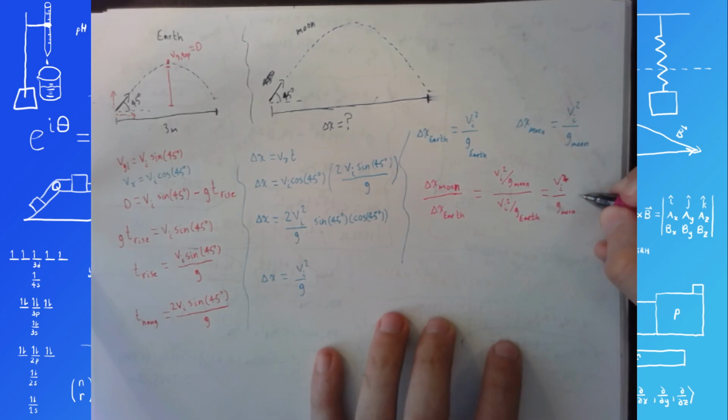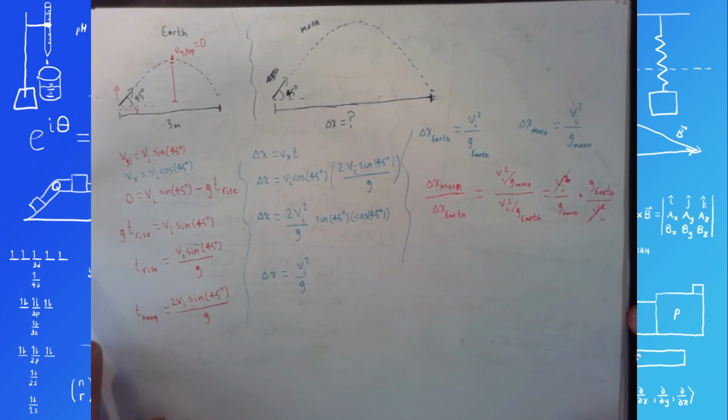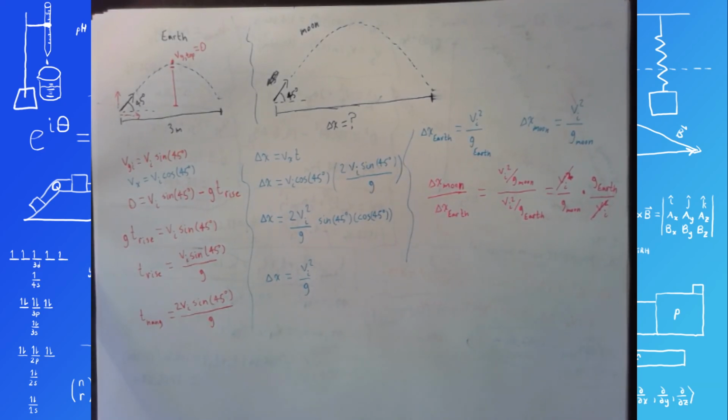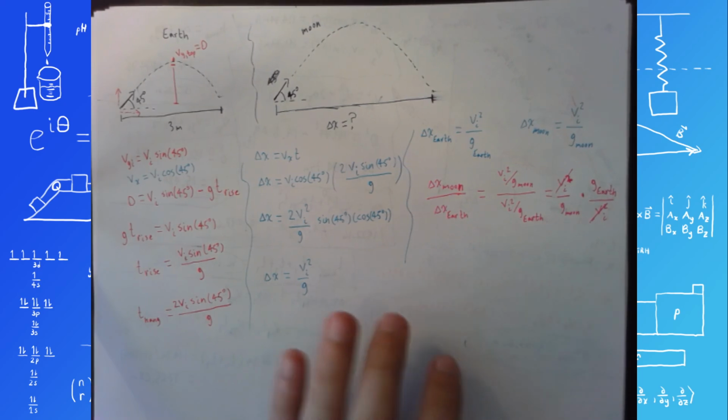If I divide by a fraction, that's the same as multiplying by its reciprocal, so times g Earth over v initial squared. So v initial doesn't even matter, and that's why I didn't bother solving for it. We could have solved for it a while ago, but there was no need to do that. I don't need the numerical value of v initial in order to do this. The only information I need is the ratio of g Earth to g moon.